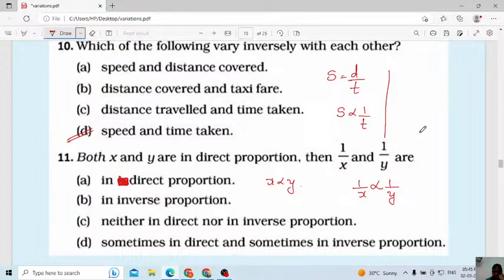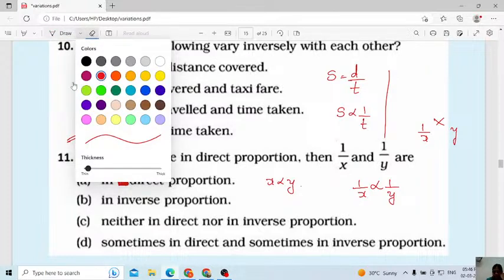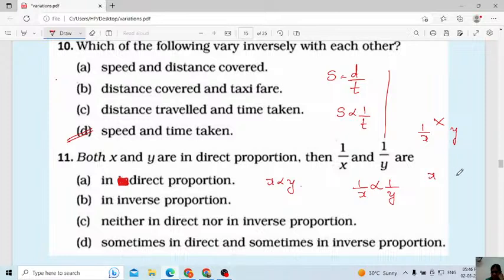If they give like 1 by x or y, or x or 1 by y, the relation may change, but here both values are given in reciprocal format, so definitely if this is directly proportional, then this one also will be directly proportional, which means option A is the correct answer.